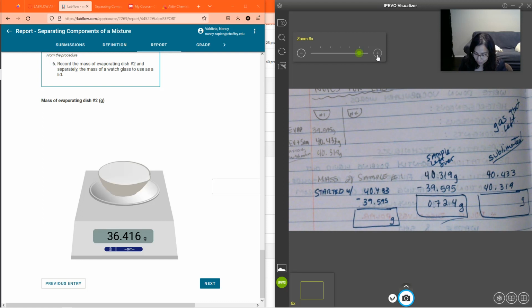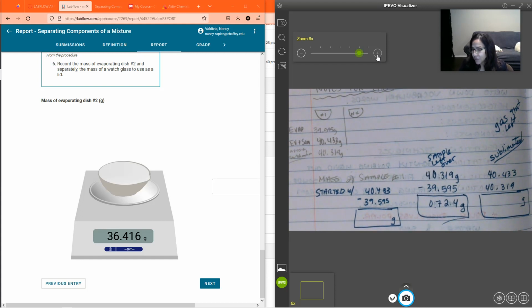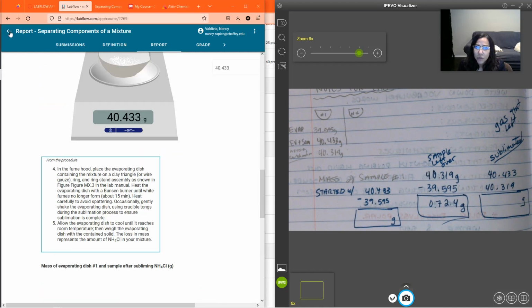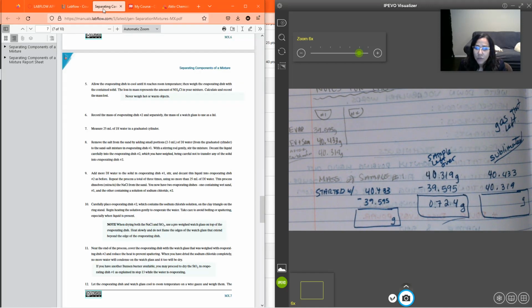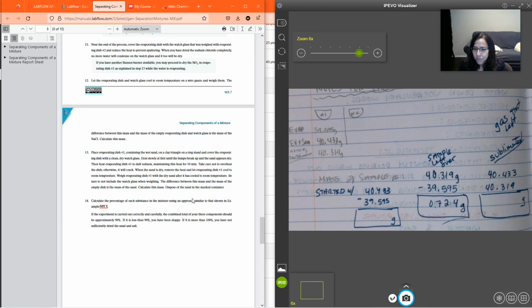That's going to come later in the lab when you start answering those questions, like how much did you have? How much was sublimated? What did you lose? All of those you were able to obtain just by doing those 3 simple equations using these numbers right here. Let's go back to our lab right here. Okay.